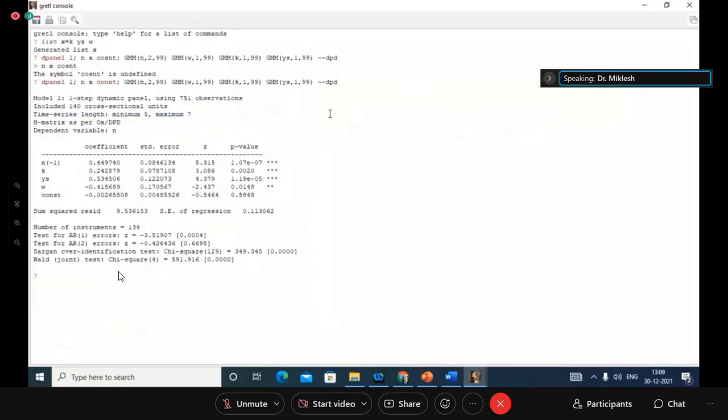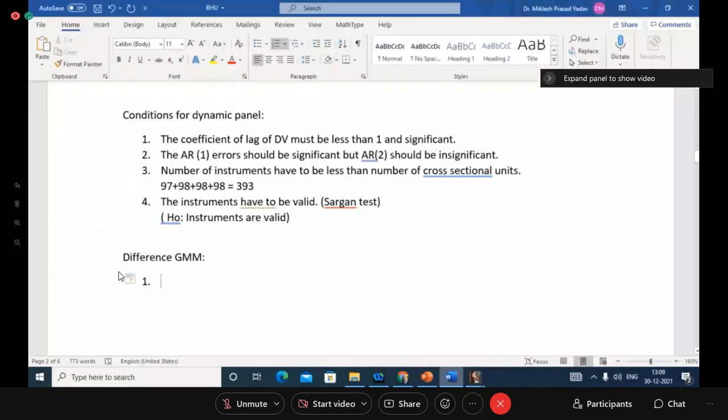Whatever you have done, this is DPD, dynamic panel data. It means that is one step difference GMM.